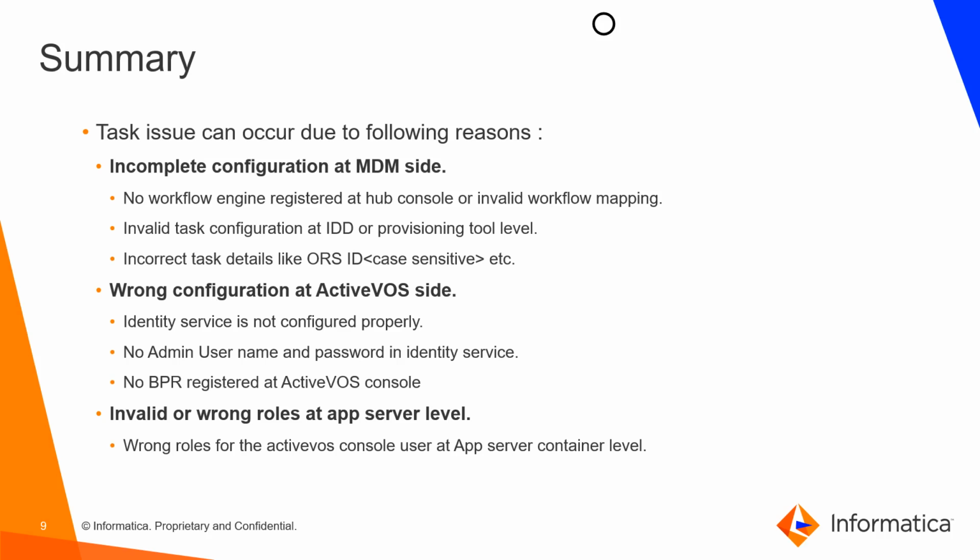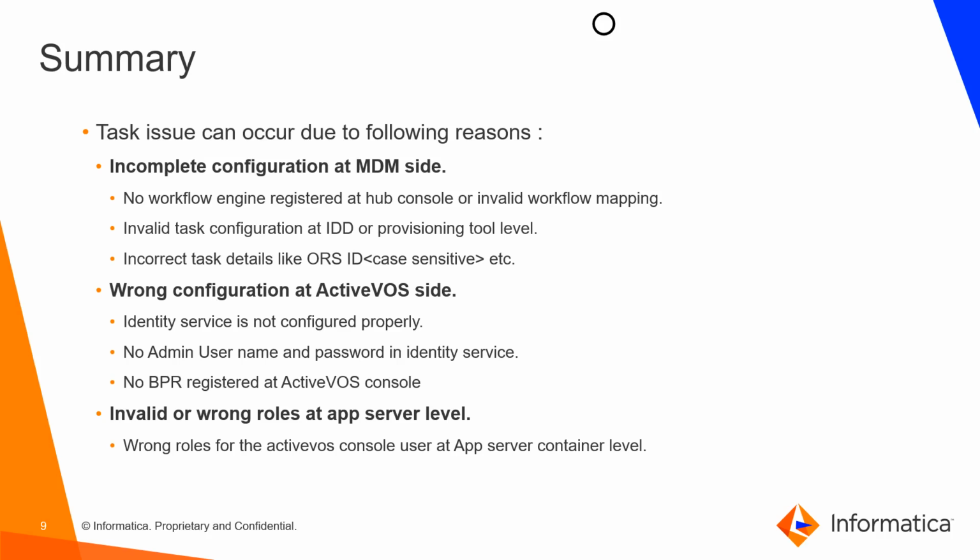Invalid task configuration in IDD or the provisioning tool, where you have the task types and triggers with the wrong configuration, might lead to task issues. Also incorrect task details, like the ORS ID, which is case sensitive. You need to add these details on a case-sensitive basis.